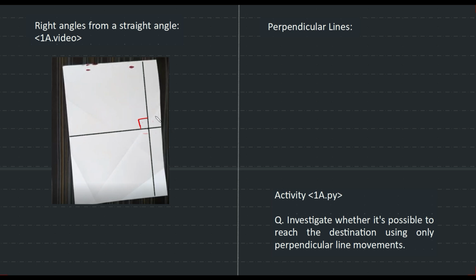Okay guys, so basically this is the initial entire angle of the straight line, is it not? So this is a straight line. So if this being the vertex, this entire thing is 180 degree. So if I divide this angle into 2 equal half, that's what I did over here. So I divided the entire angle into 2 equal half, and each of them will be 90 degree or right angle.